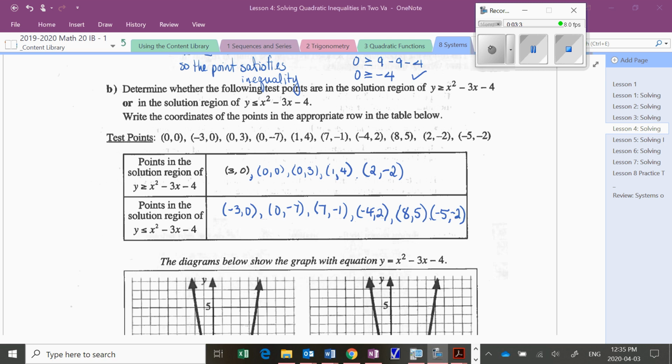So the strategy that you probably had was substituting the points into one of the inequalities, and if it worked, you put it within that solution region, and if it didn't work, my guess is lots of you just put it into the other solution region, assuming that if it didn't work in one, it would automatically work in the other, and if it worked in one, it wouldn't work in the other.